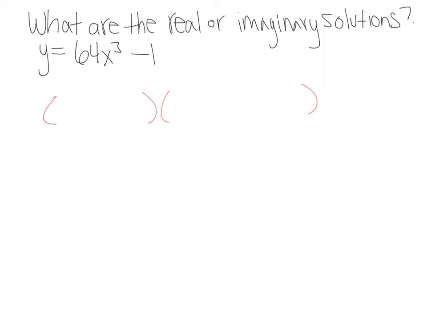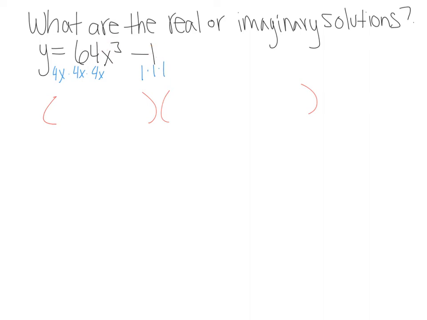So first, I'm going to rewrite 64x to the third. That is the same thing as 4x times 4x times 4x. The cube root of 64x to the third is 4x, so I just write it 3 times. That's the same thing as this number multiplied by itself 3 times. Just like 1 is the same thing as 1 times 1 times 1. So we do the cube root of each of these.